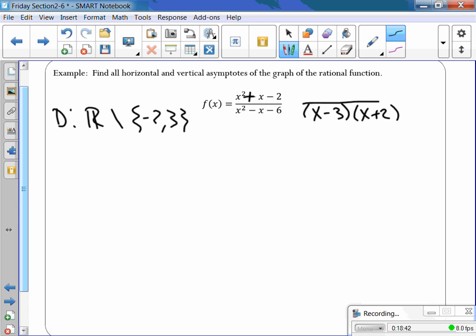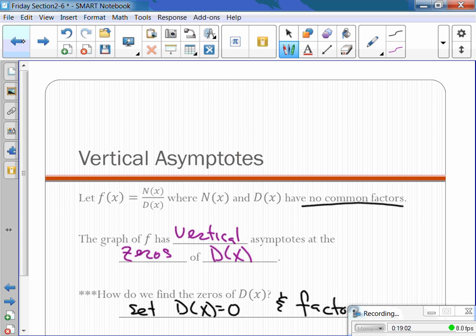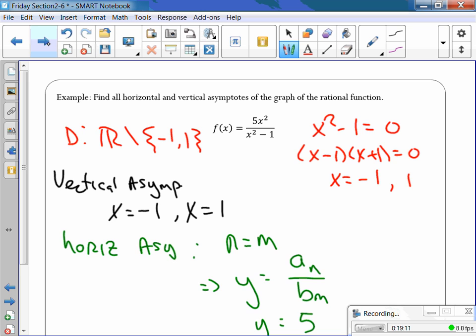Vertical asymptotes. X equals negative 3. So, can I factor that numerator? Into what?